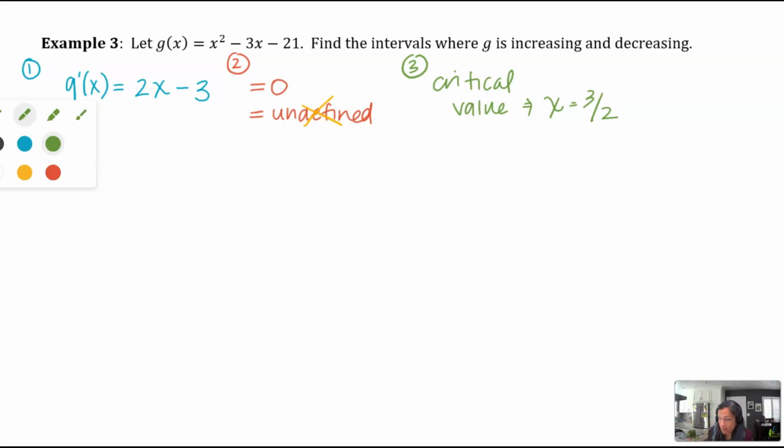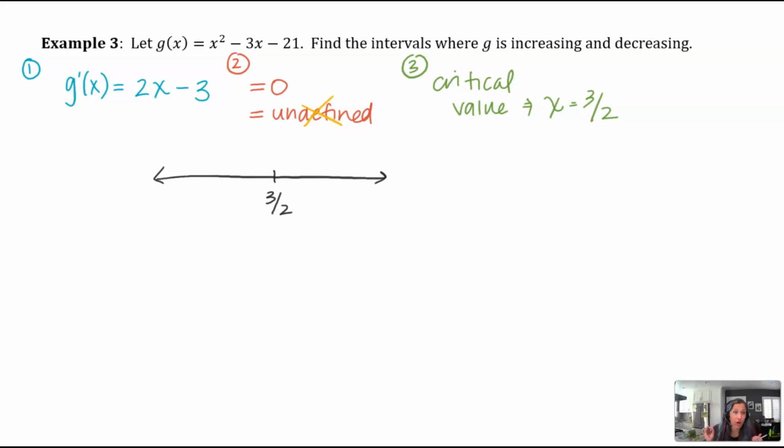And so then our last step is to make that sign chart. Now, of course, this is a very underwhelming sign chart, but we could go ahead and write it. 3/2 is our particular critical value. Go ahead and just put a little dot there. And we need to figure out what's happening with our line around that value. So if we look back at our first derivative, that is a linear function, positive slope.